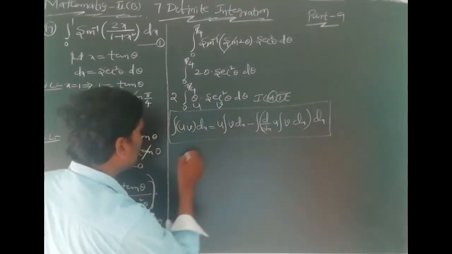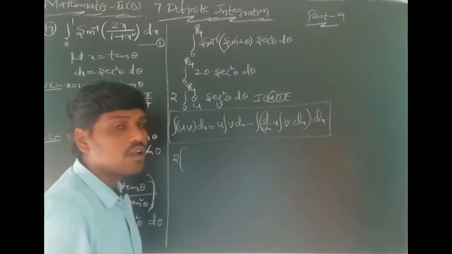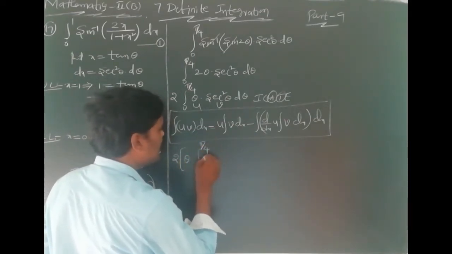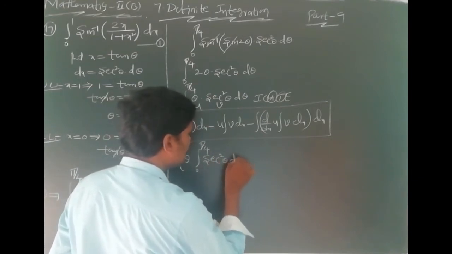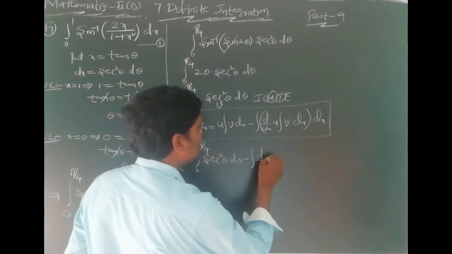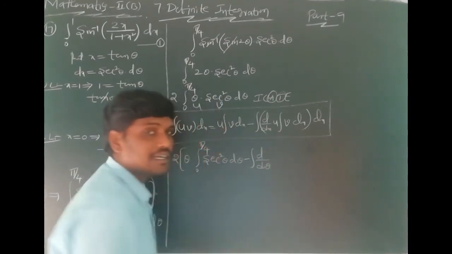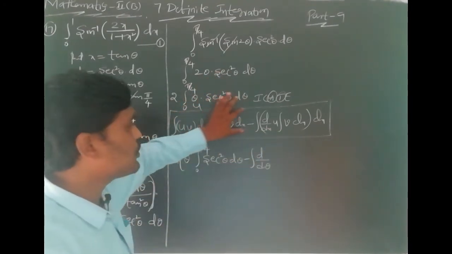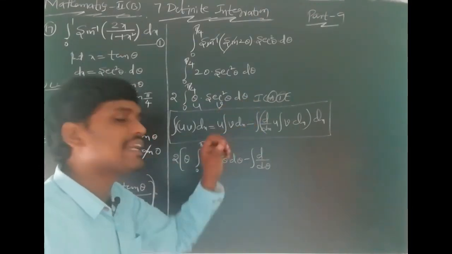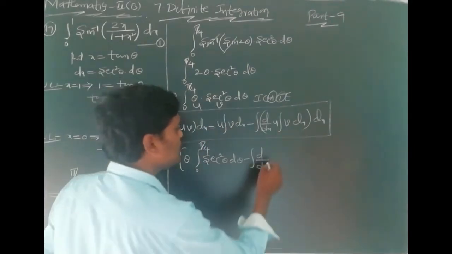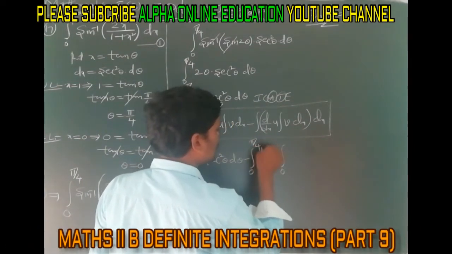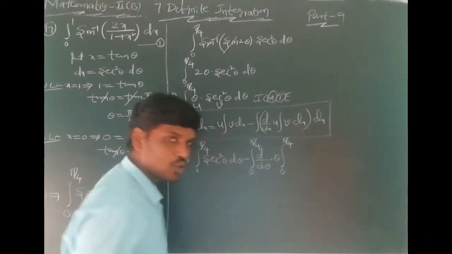Writing this formula: 2 into u, nothing but theta, into integral 0 to pi by 4 secant square theta d theta, minus integral of the derivative, d by d theta since the function is in terms of theta, of u value theta into integral, with limits 0 to pi by 4. Here also 0 to pi by 4.